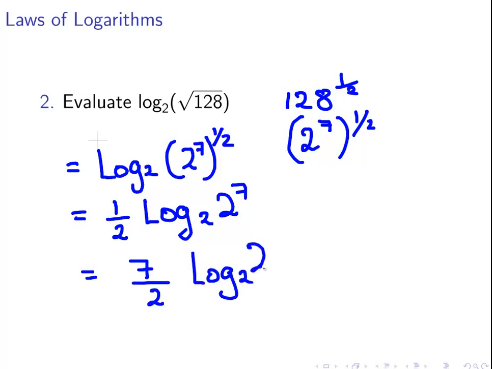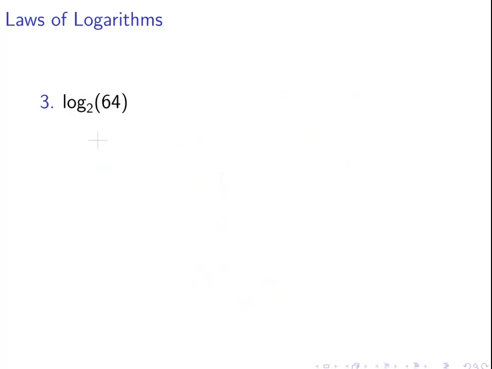Okay, so the answer there is 7 over 2. Again, we did already answer the question there, and I'm doing some unnecessary steps, steps that we could have spotted the answer much quicker. But again, learning the laws is the key thing here.